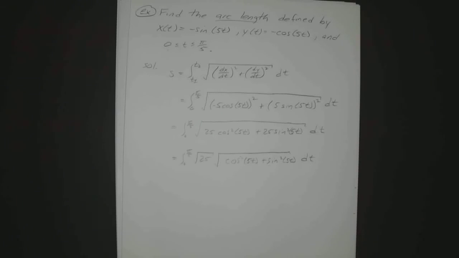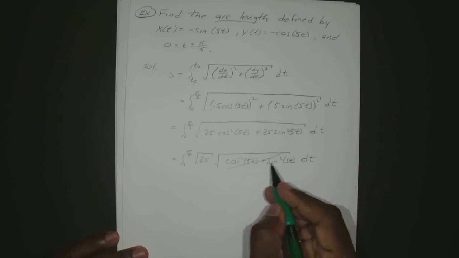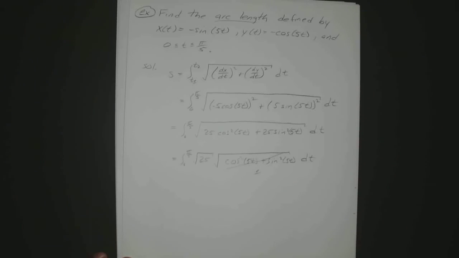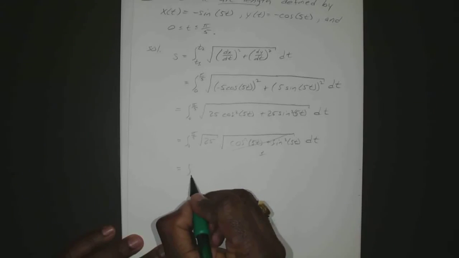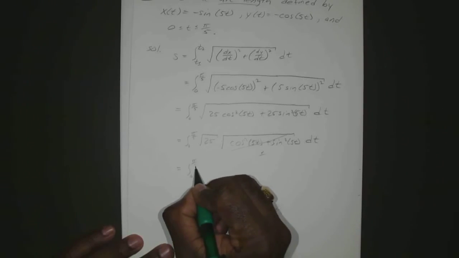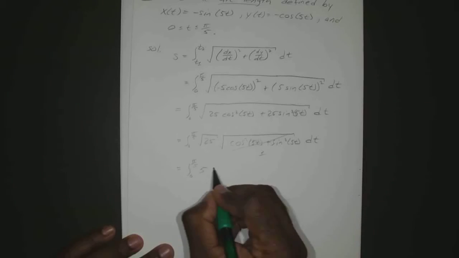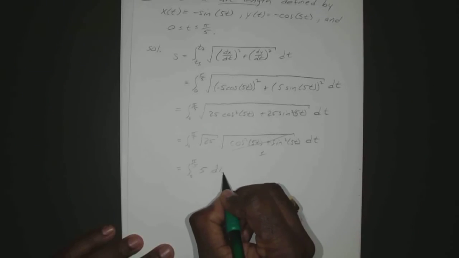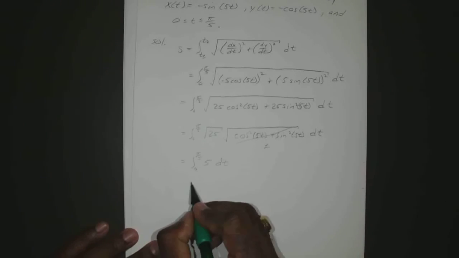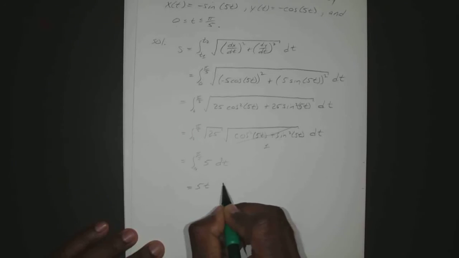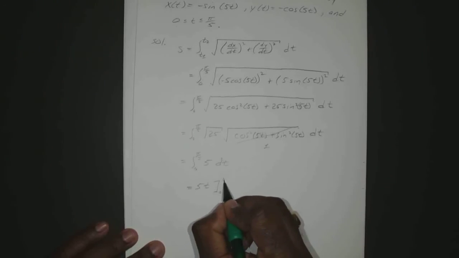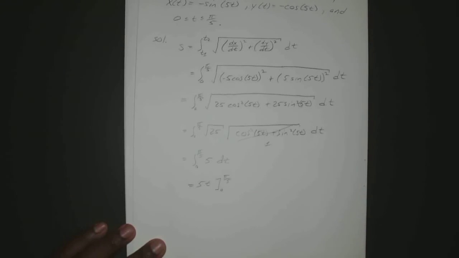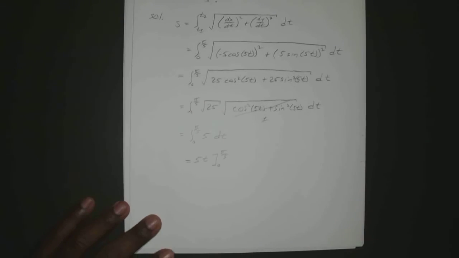Now cosine squared plus sine squared is just equal to 1. So that just becomes 1, which leaves you with the integral from 0 to pi over 5 of 5 with respect to t, which becomes 5t from 0 to pi over 5.